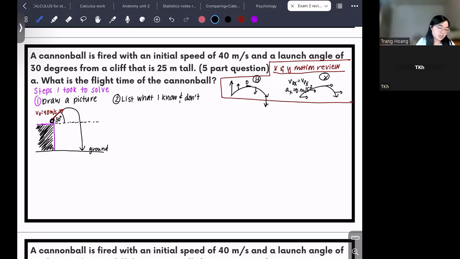So I said list what I know and don't know. In this case, I'm looking for time. So I have time with a question mark. And then I have our initial velocity. Our initial velocity is 40 meters per second, and take this with a grain of salt, because whenever they say initial velocity, you automatically see in the visual that it's going to be this initial velocity, right?